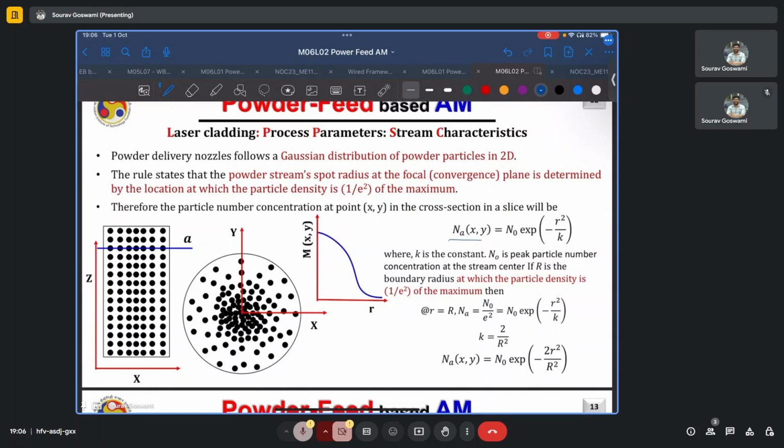N naught is the peak particle number concentration at the stream center, and if R is the boundary radius at which the particle density is 1 by e square of the maximum, then we can plug in this value, that is at small r equal to capital R, Na will simply equal n naught by e square, which equals n naught exponential minus R square by k. And thus we can simplify it to the given expression: Na at x,y is equal to n naught exponential minus 2r square by capital R square.